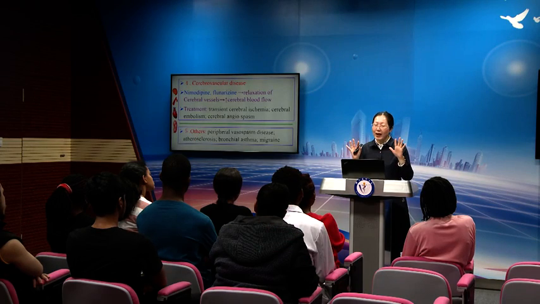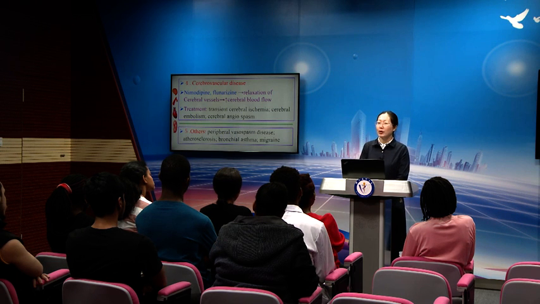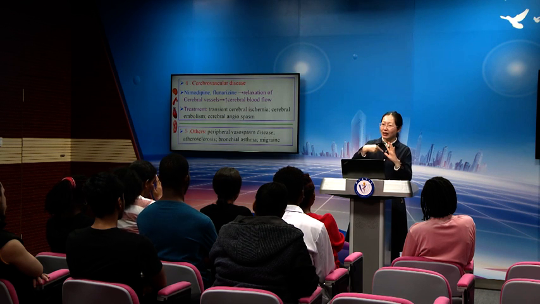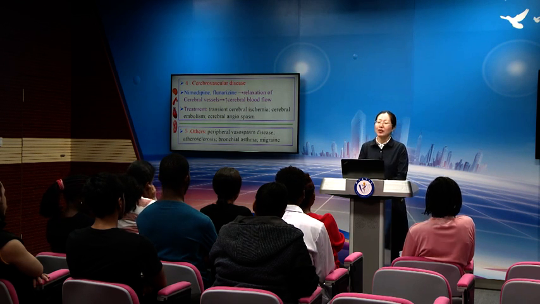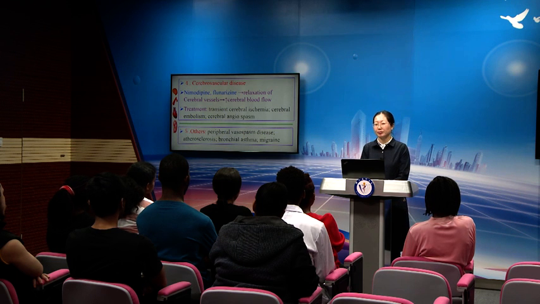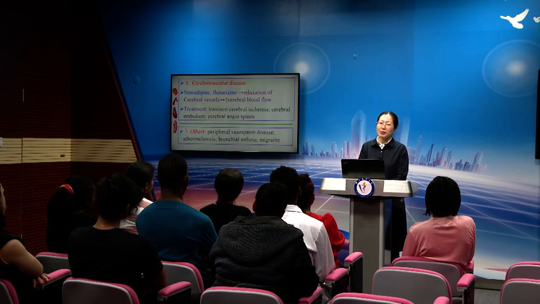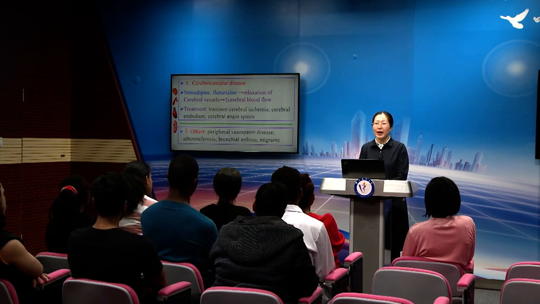Other diseases, for example, peripheral vascular disease. Do you remember you studied Raynaud's syndrome? Among alpha receptor blockers there is phentolamine, but in fact, in the clinic, we mainly use calcium channel blockers for peripheral vasodilation, to treat peripheral vasospasm disease. They are also used to treat sclerosis, bronchial asthma, and migraine.